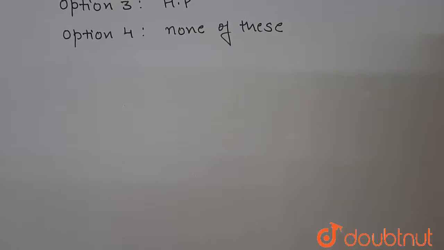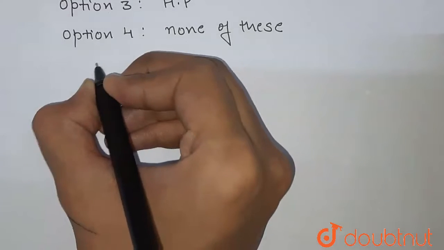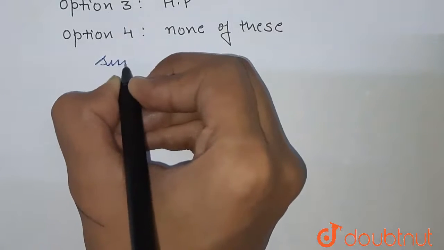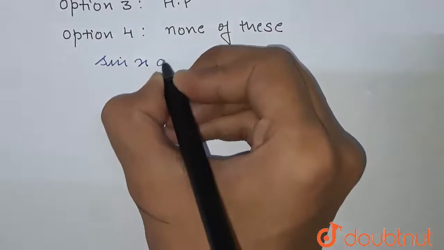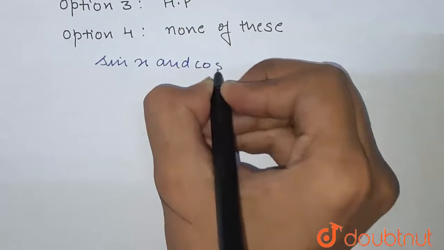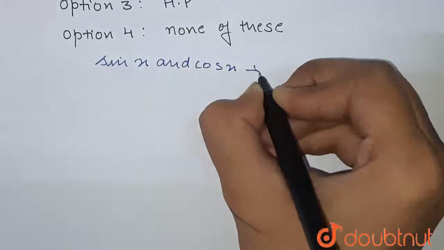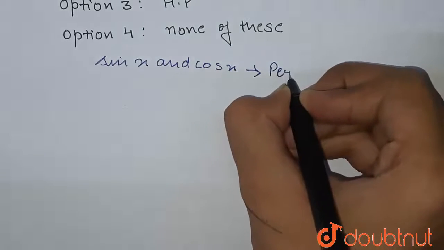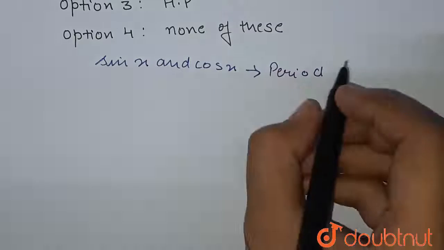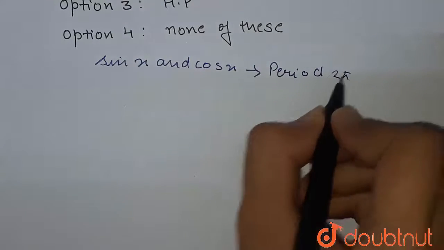We know that sin x and cos x both are periodic functions whose period is 2 pi, right?